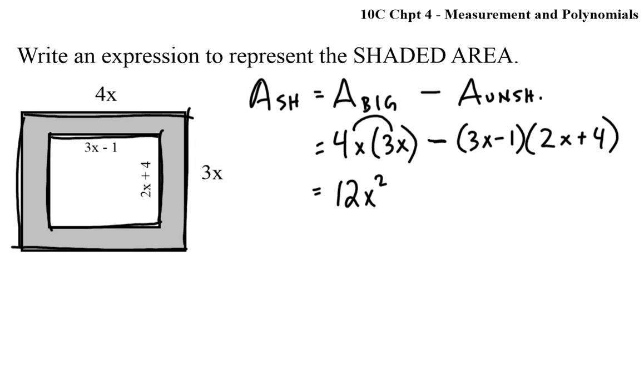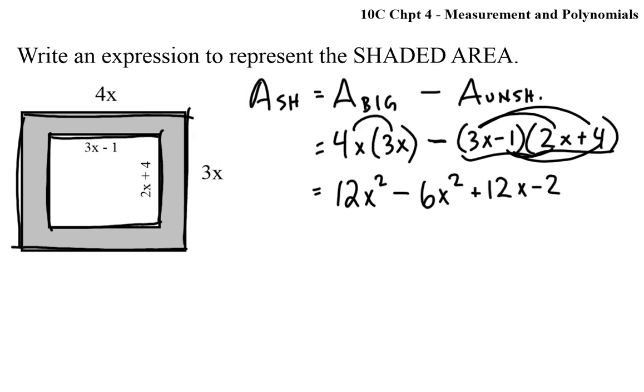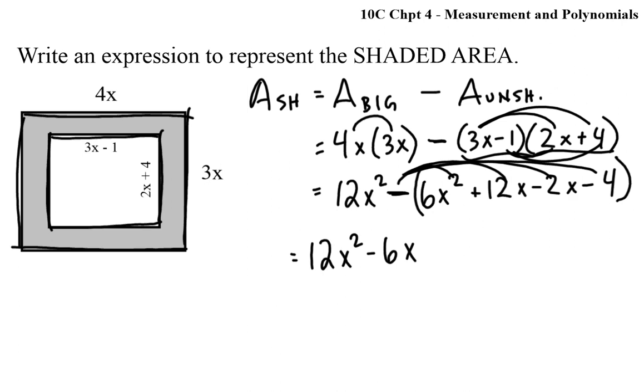From there, I need to do FOIL. And doing FOIL means I want to subtract. Do the FOIL process, binomial times binomial. However, we want to subtract all of it. Make sure it's in brackets so the negative distributes to absolutely every term. So much going on again.